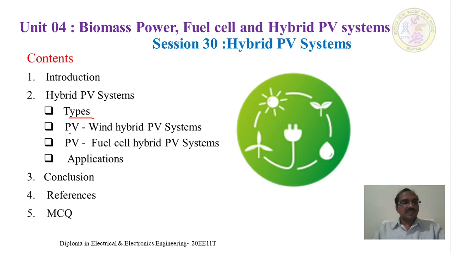As far as the syllabus is concerned, we are going to learn in detail about two hybrid PV systems: the PV wind hybrid system, that is a combination of photovoltaic and wind, and the PV and fuel cell combination, and also we will see their applications. And then, as usual, at the end of the session we will have a small test of multiple choice questions, to know whether you are in a position to understand these concepts properly or not.